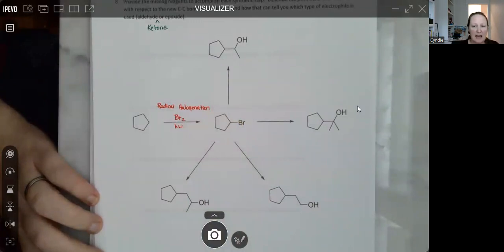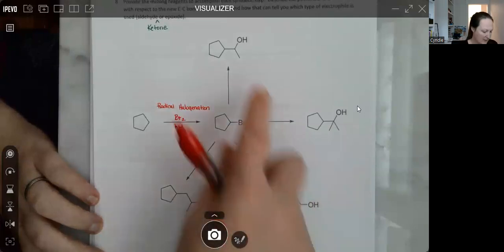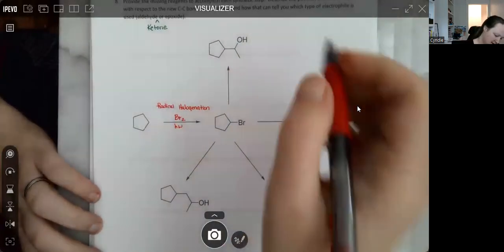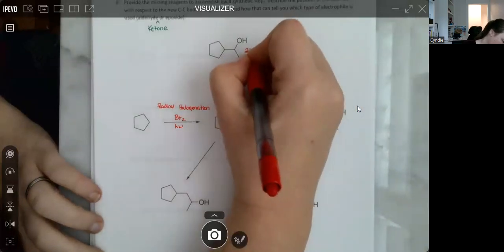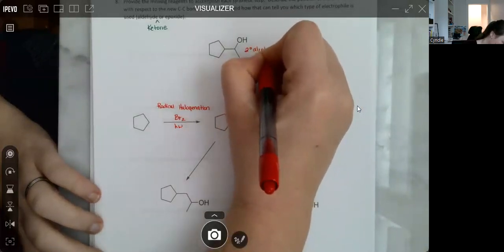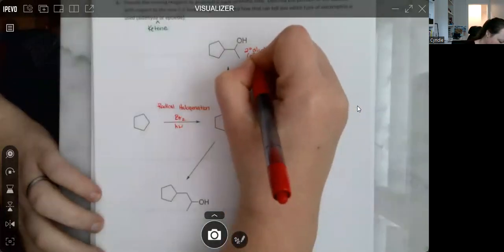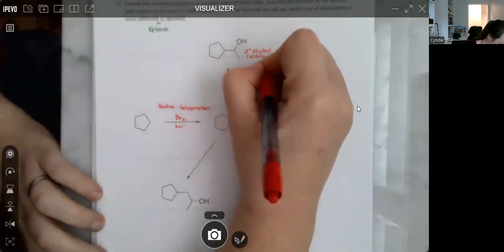So we are going to be adding in various electrophiles to form each of these products. Because this is a secondary alcohol, we should add an aldehyde in this case.